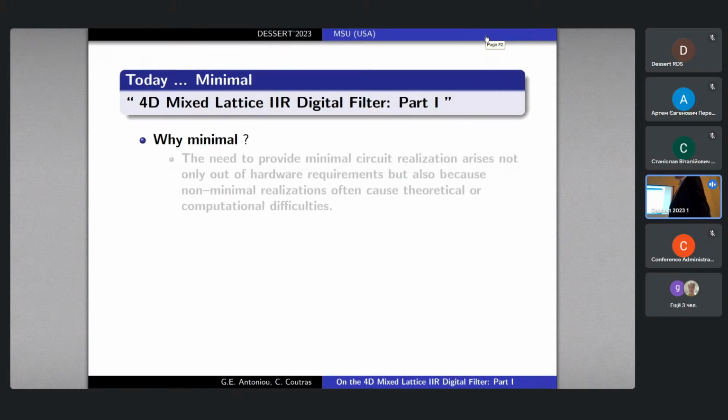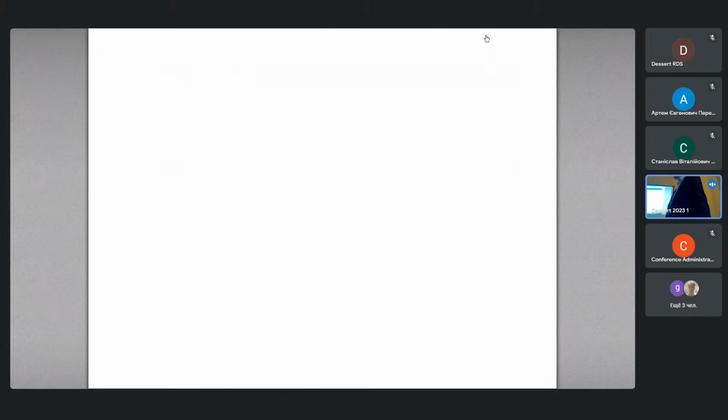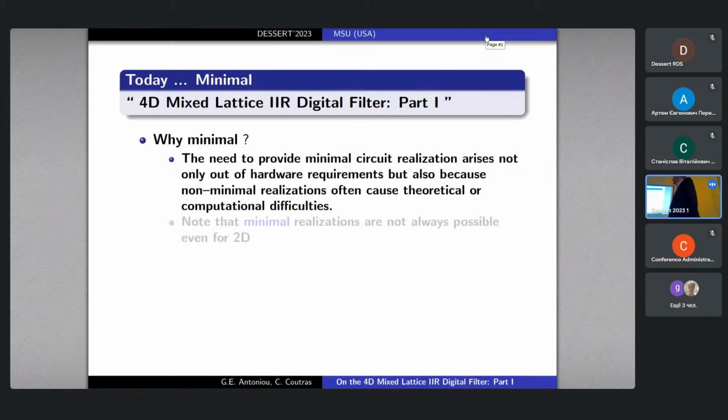Okay, I carry work today. I'm going to introduce a mixed lattice IIR filter, which means it has the numerator and denominator. And why do I talk about minimal? Because it's not only because of the hardware requirements, but non-minimal realization causes theoretical and also computational difficulties.